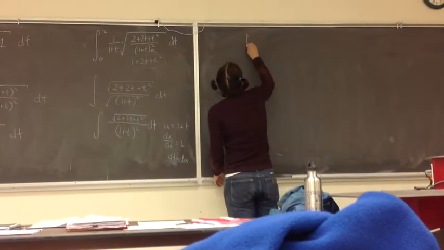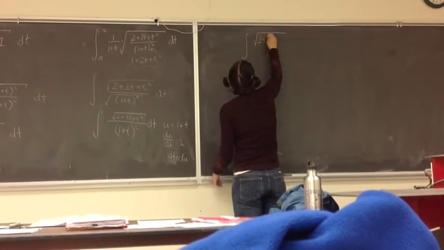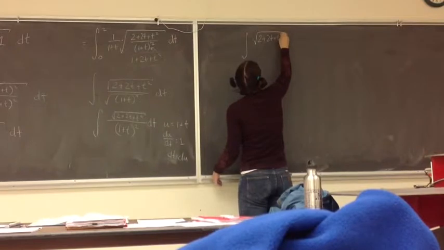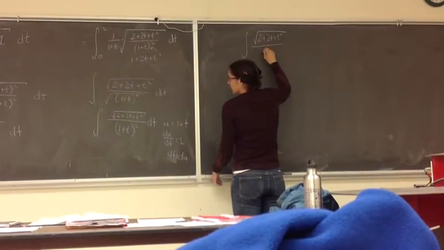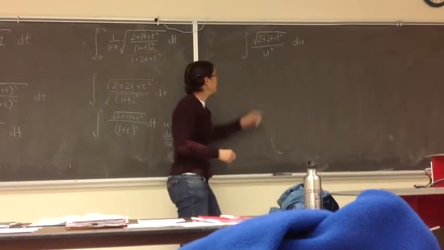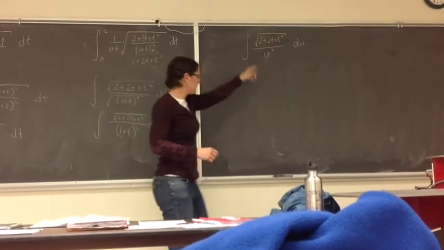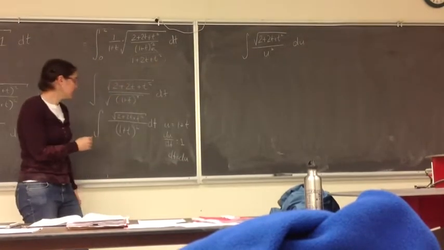And so we've got the integral of the square root of 2 plus 2t plus t squared over u squared du.